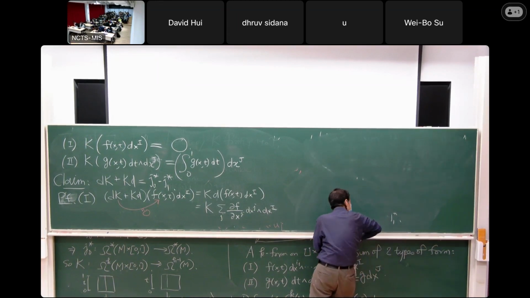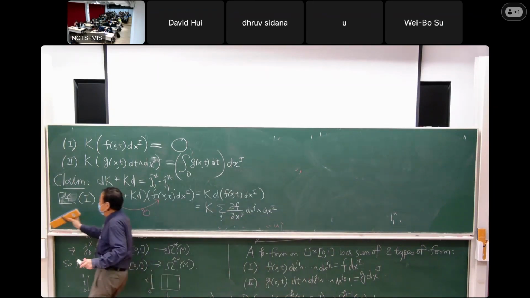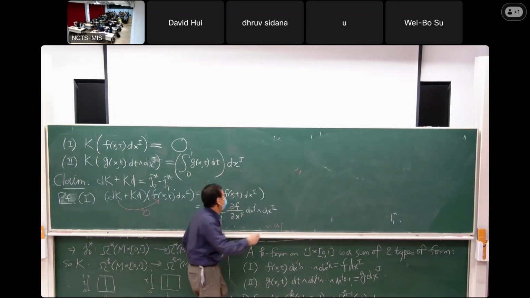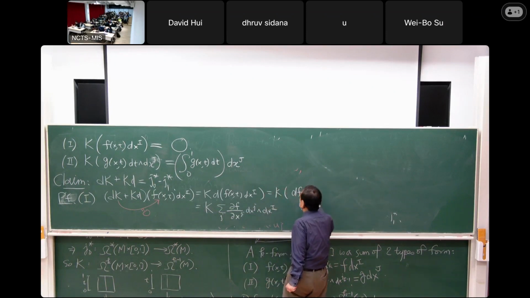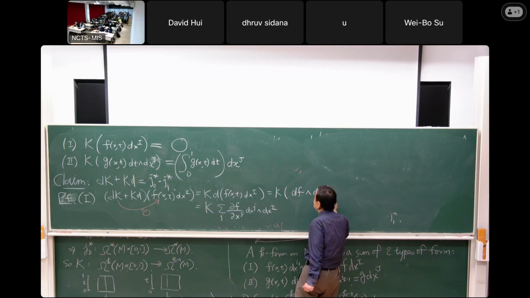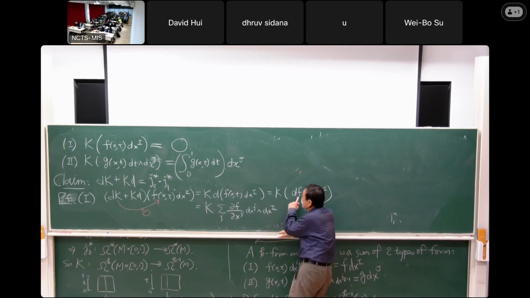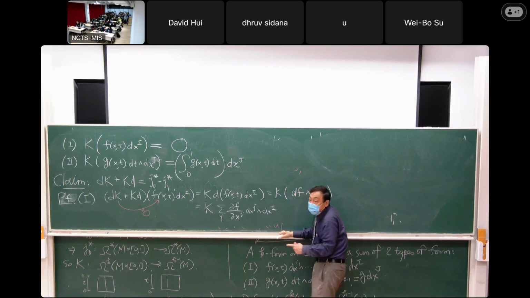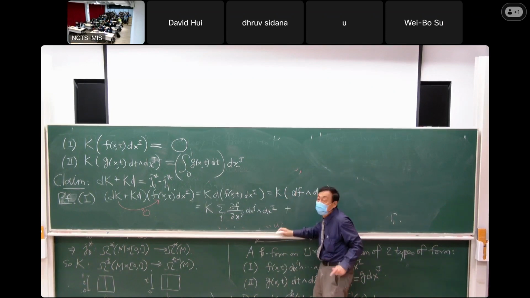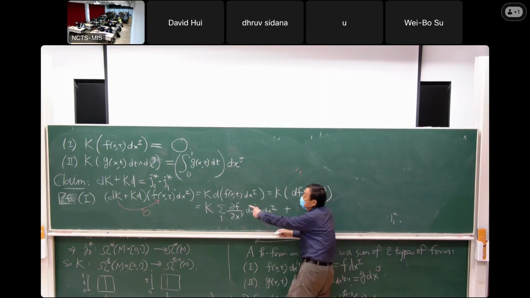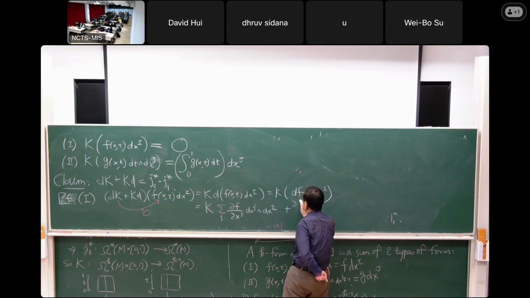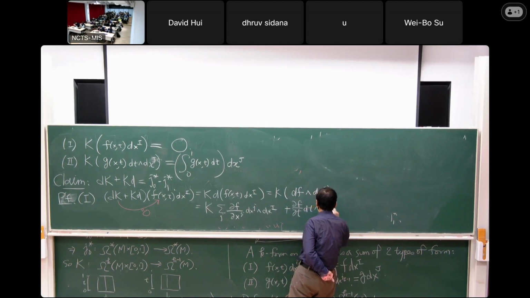The definition of d is that it's df wedge dxI. And so df is this plus, yeah, right, you have to take the partial with respect to all the variables. So there is a partial of f with respect to t, dt wedge dxI.